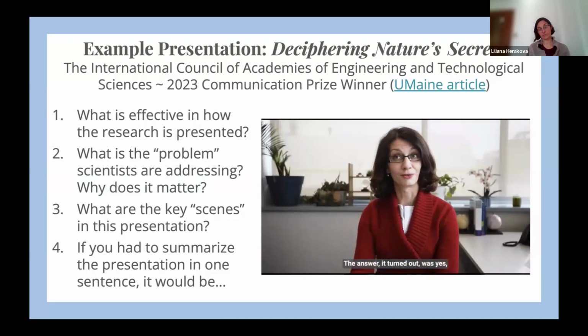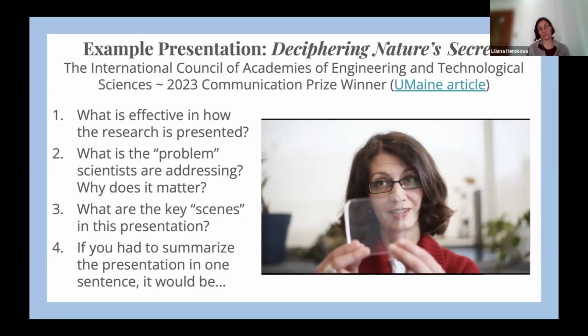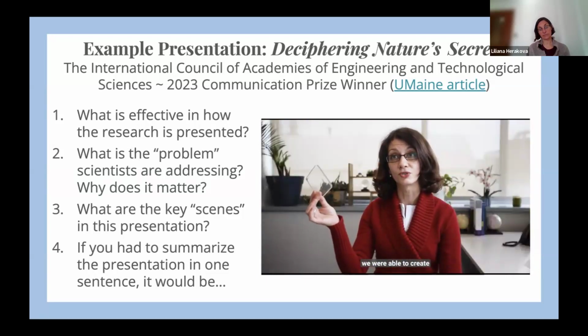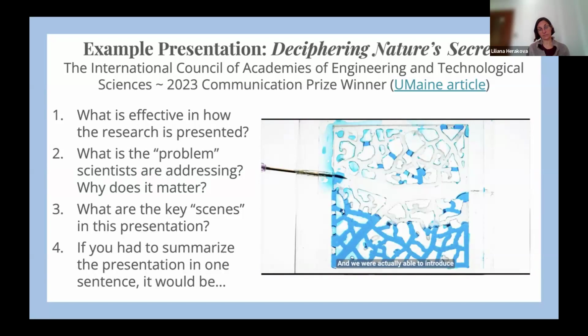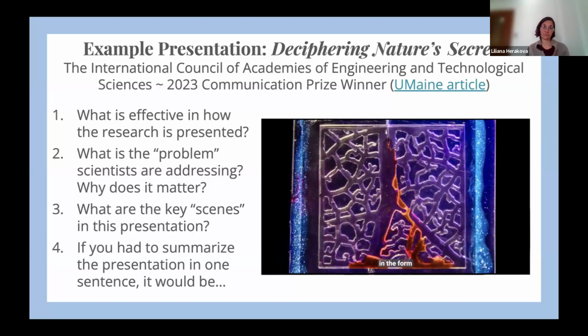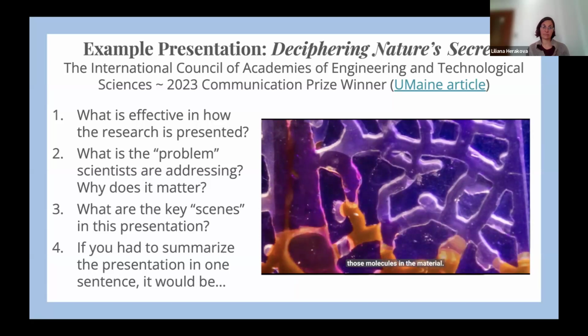The answer, it turned out, was yes. We could fairly easily create a mucus mimicking system by adding a biocompatible liquid to a very commonly used solid, silicone rubber. And we found that when we did, indeed, we were able to create a mucus-like system. And importantly, we could treat any kind of medical device that was made out of this material. We were actually able to introduce a fluid dynamic component to that simply in the form of a biocompatible liquid that would get in between those molecules in the material.